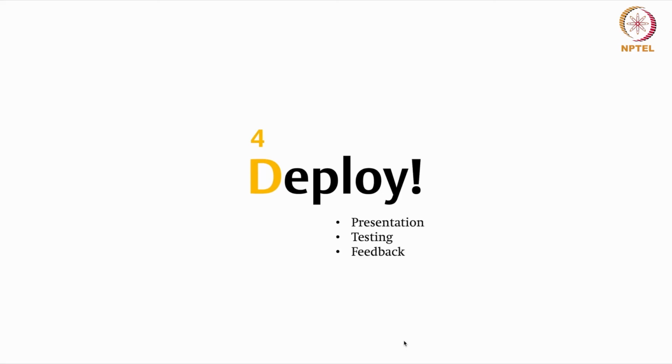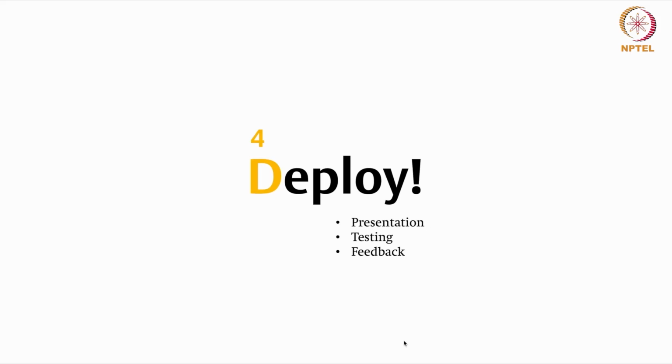Once this development phase is over, the final stage is deploy. So after the product or artifact development is done, this last phase deals with the client's presentation, testing, and getting feedback.